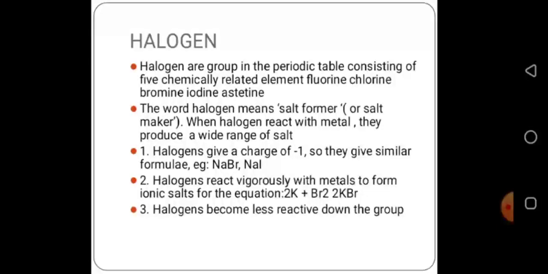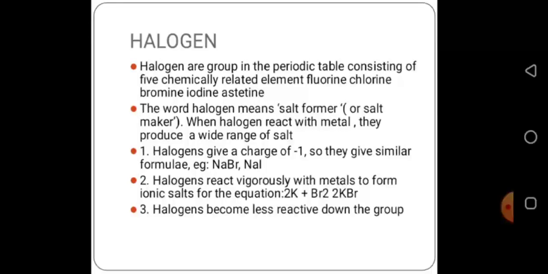So what it means here is that halogens can accept one electron from the metal, especially group 1, to form a metal chloride, bromide, iodide, or astatide. Halogens react vigorously with metals to form ionic salts.